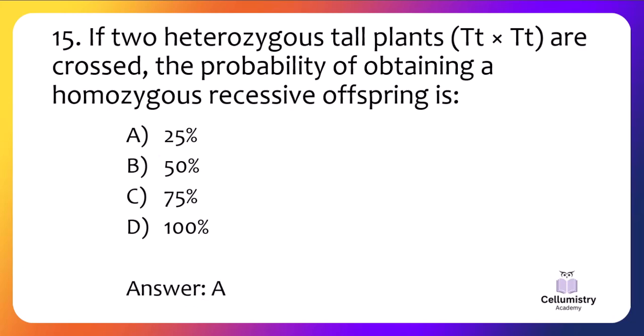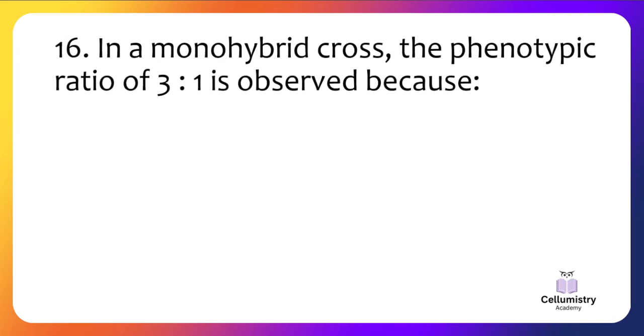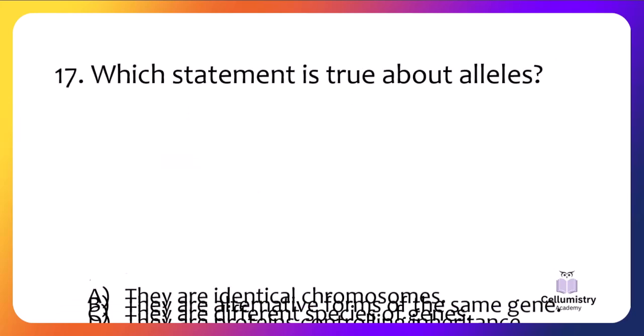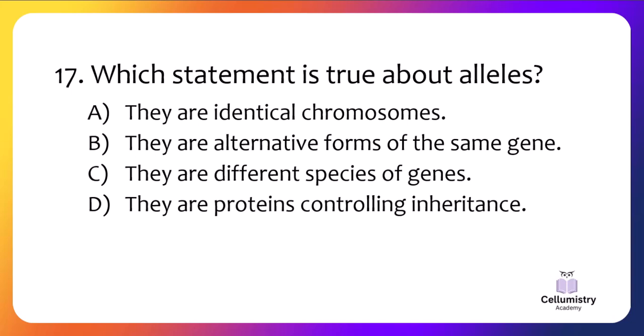Answer is A. 25%. In a monohybrid cross, the phenotypic ratio of 3:1 is observed because... Answer is B. Dominant alleles mask recessive alleles in the heterozygote. Which statement is true about alleles? Answer is B. They are alternative forms of the same gene.